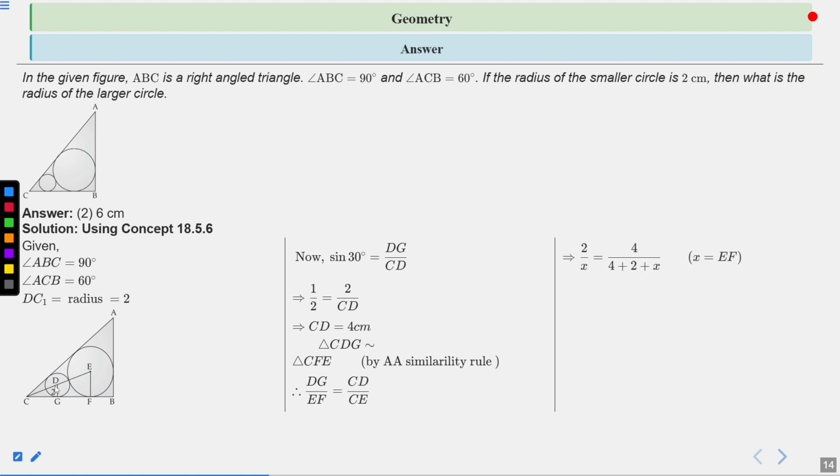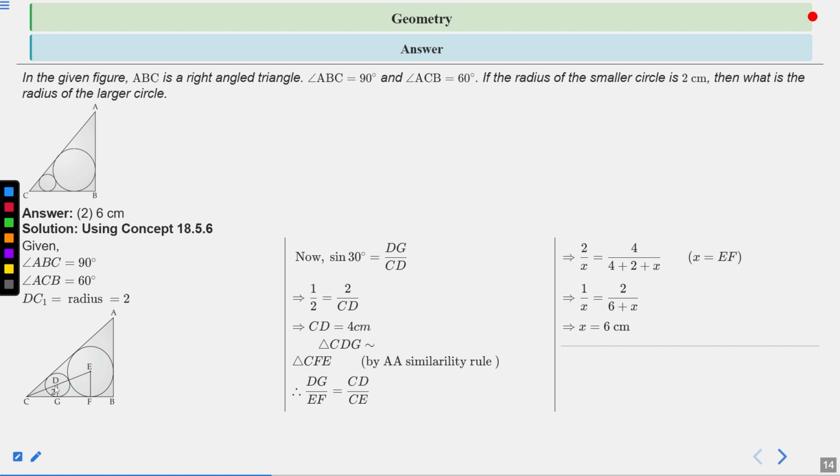It will become 2 upon x, which equals 4 upon 4 plus 2 plus x, where we let the length of EF be x. Simplifying, we get 1 upon x equals 2 upon 6 plus x. Now simplifying it, we get x equals 6 centimeter.